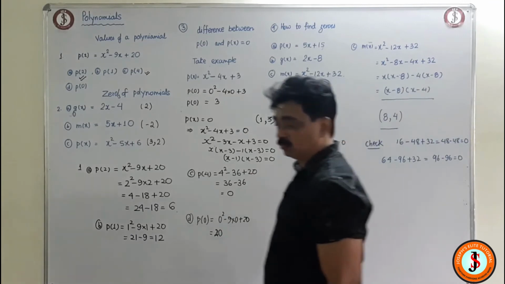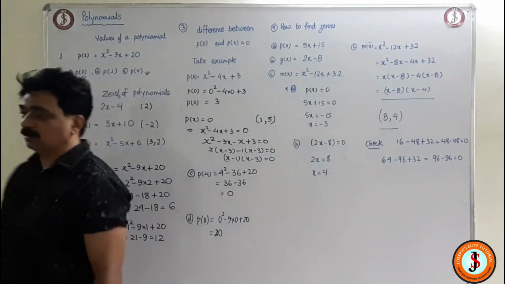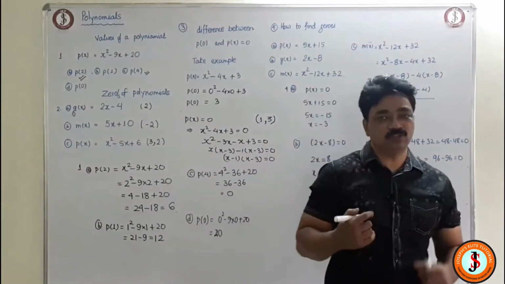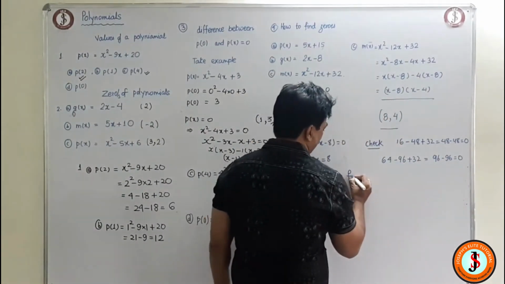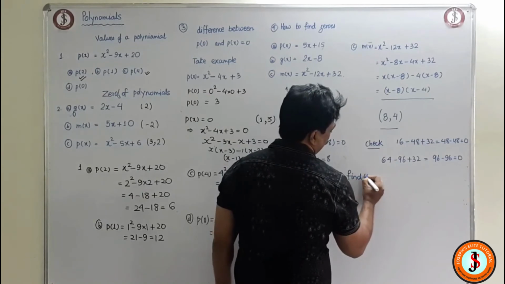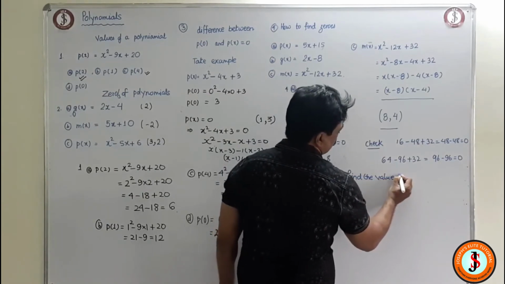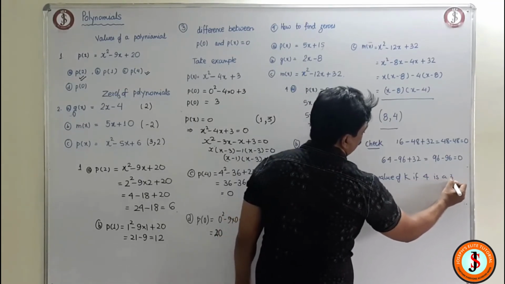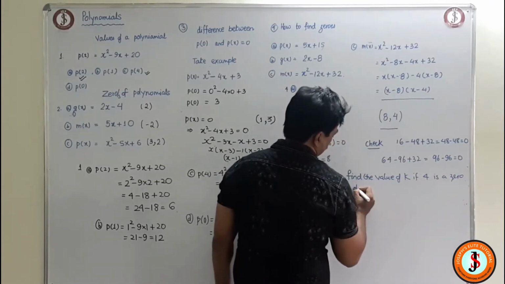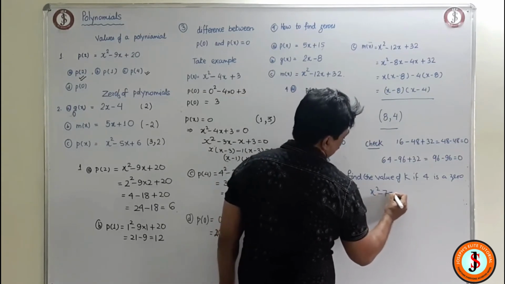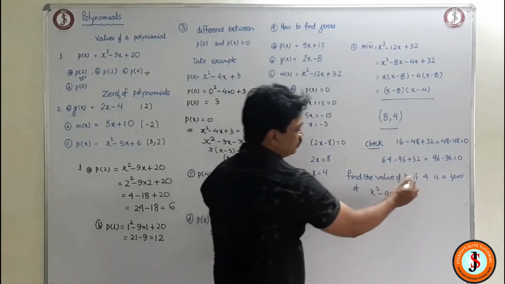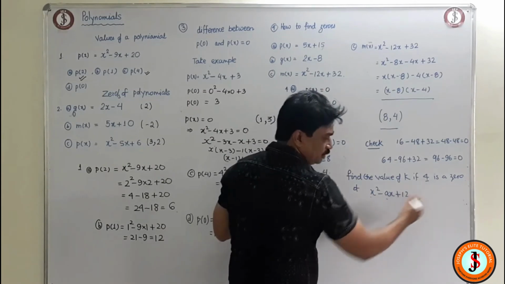Sometimes they can give you a zero and ask you to find the value of the unknown if this is a zero. Say for example, find the value of a if 4 is a zero of x square minus 7x minus ax plus 12. So 4 is a zero means if you place 4 over here, the whole thing becomes 0.